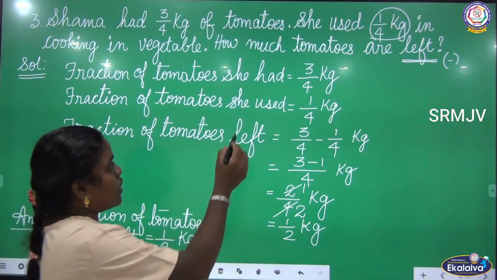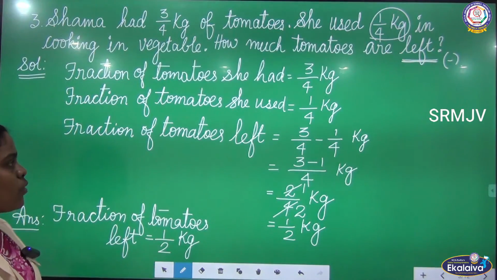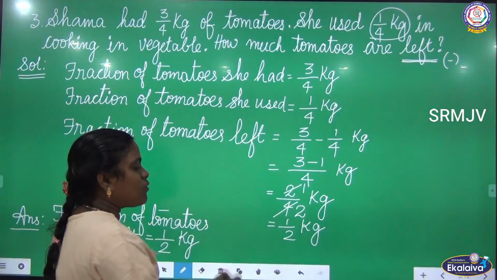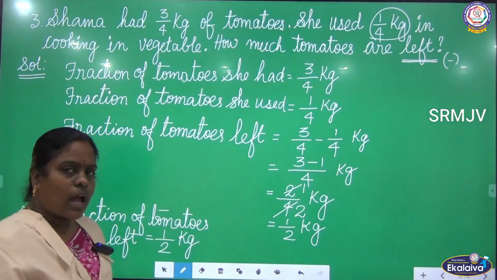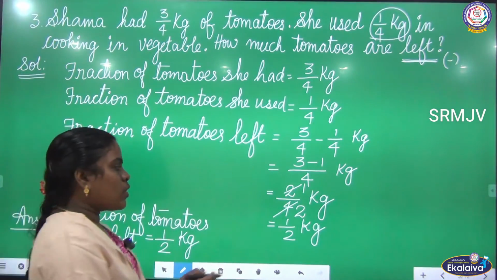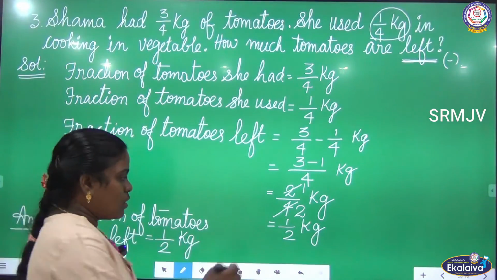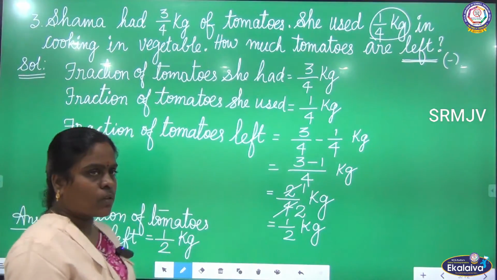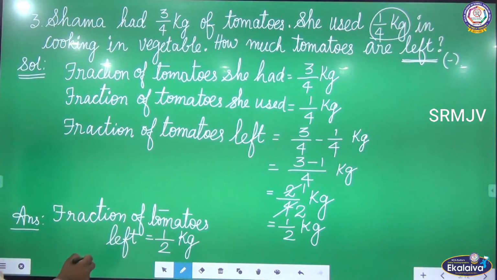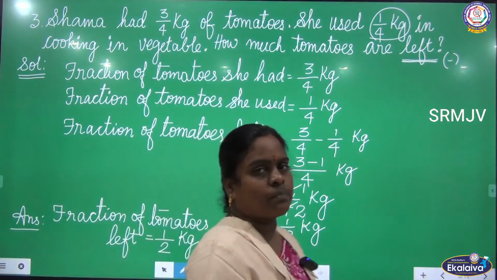So if you subtract the fractions 3/4 and 1/4, we'll get 2/4 kilogram, and we have a common factor for 2 and 4, it is 2. So if you cancel the terms by using 2 times table, you will get 1/2. So fraction of tomatoes left equals 1/2 kilogram.